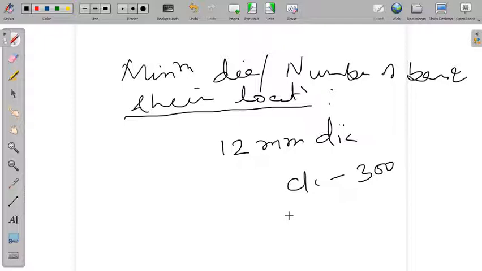In spiral column, the longitudinal bars should be placed in contact with the spiral reinforcement. That is, the spiral bars should be in close contact with the longitudinal reinforcement.